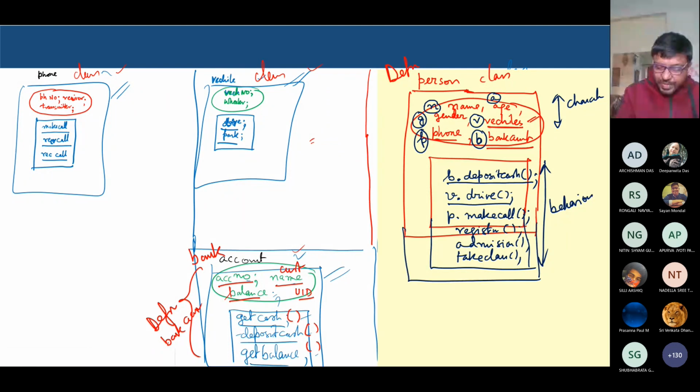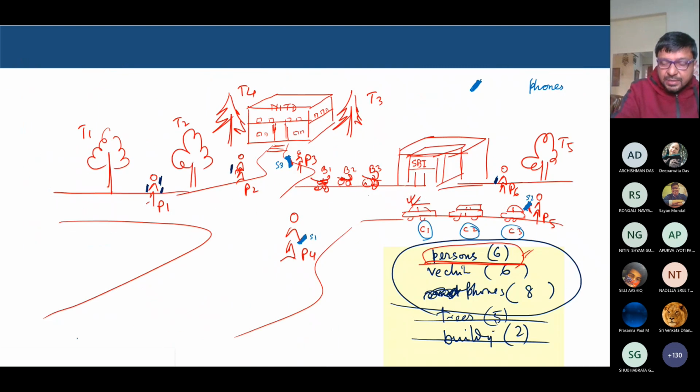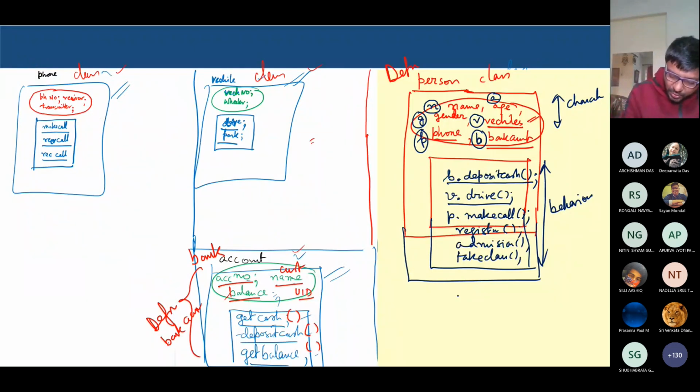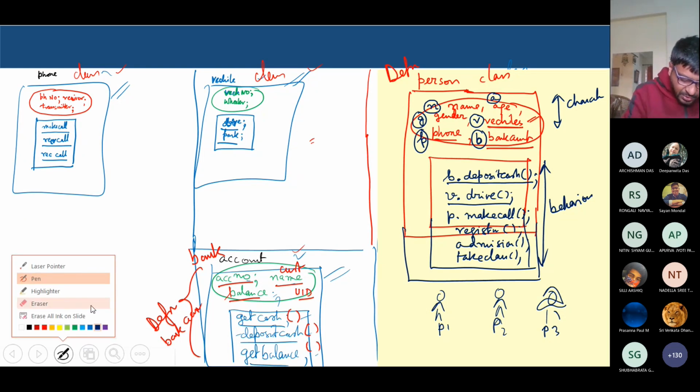Yes, sir. So when I say there are specific person entities like P1, P2, P3, P4, this is a general definition corresponding to all the persons. But if I talk about this person P1 or P2 or P3, what may these be called?